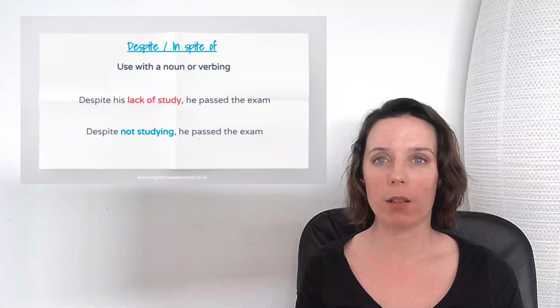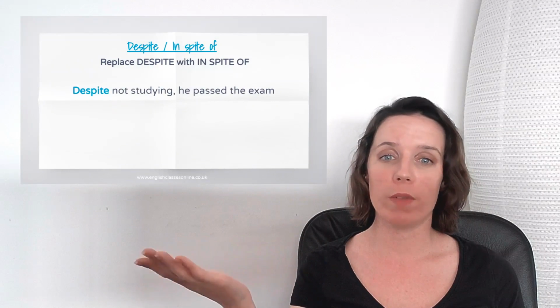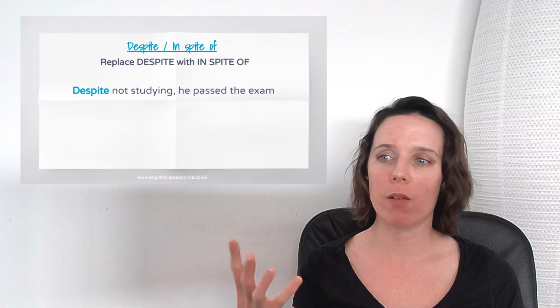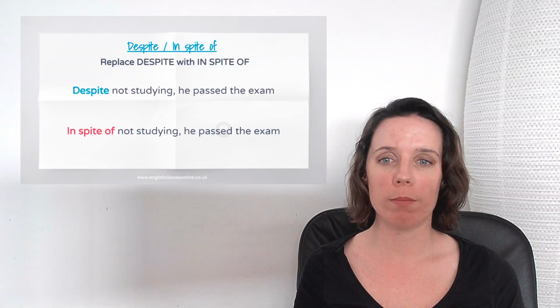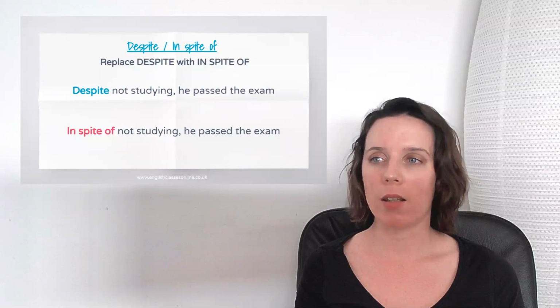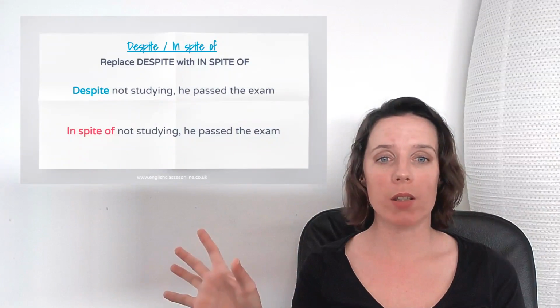Both of these are correct. And you can basically replace in spite of with despite, and it has exactly the same meaning. Despite not studying, he passed the exam. In spite of not studying, he passed the exam. There's no difference in meaning there, and they take the same structure. Okay, so that's despite and in spite of.